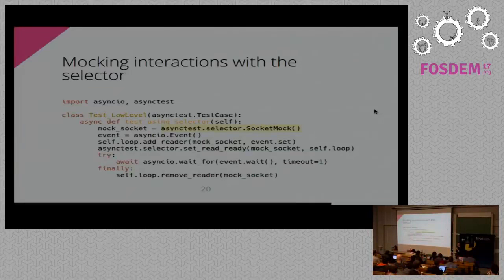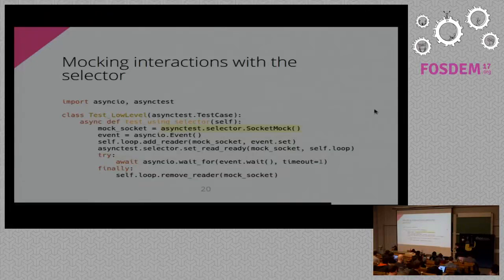The idea is that in some cases you will want to handle low-level objects like sockets, file descriptors, whatever, and you will want to see if everything is working as expected, like you will get an event from the selector from the event loop. So it's something you will use if, for instance, you want to add a new protocol or a new transport to the asyncio library, or if you are trying to use Twisted on top of asyncio.